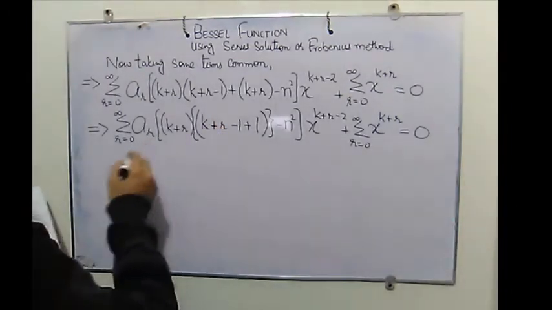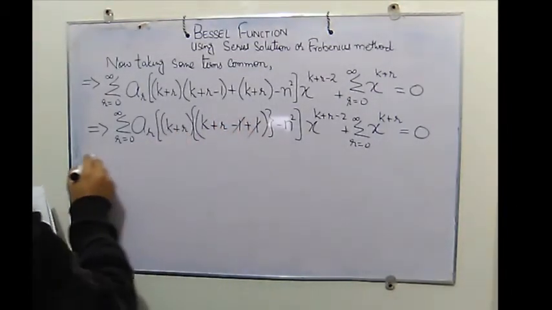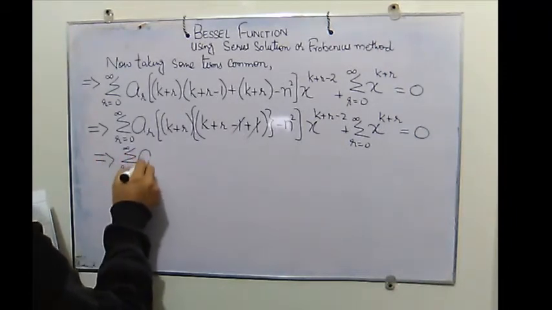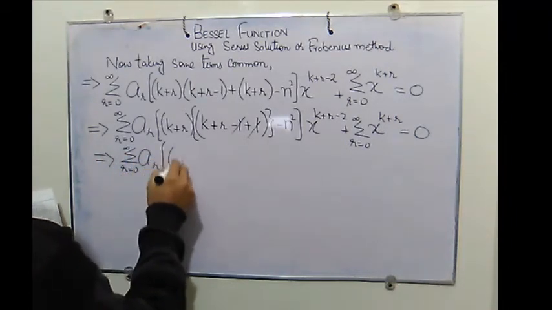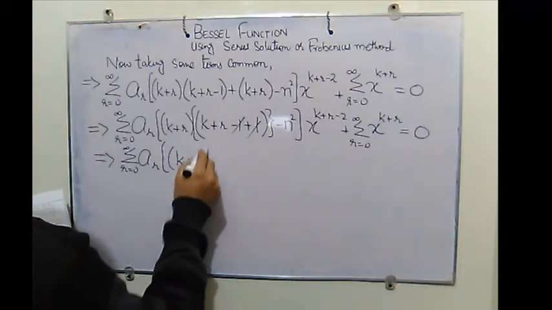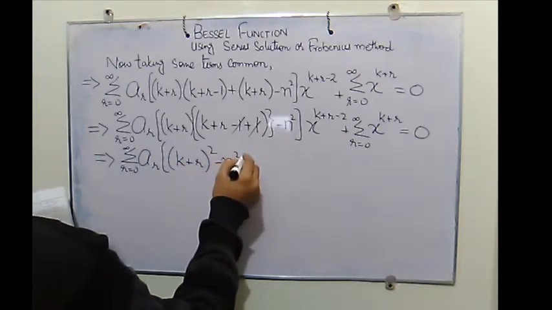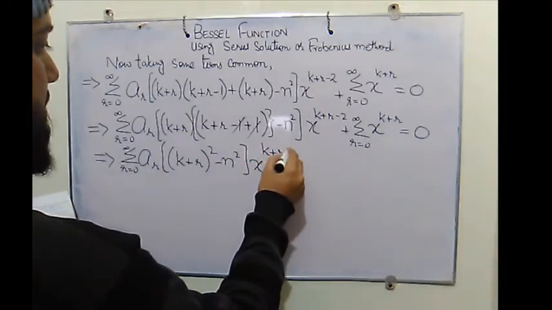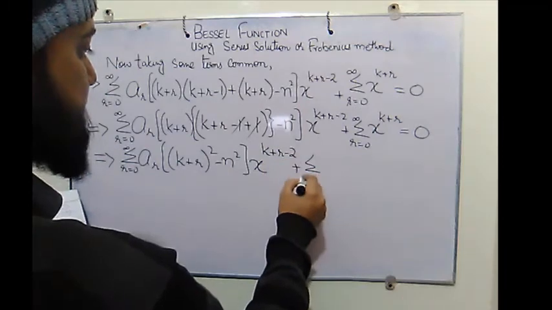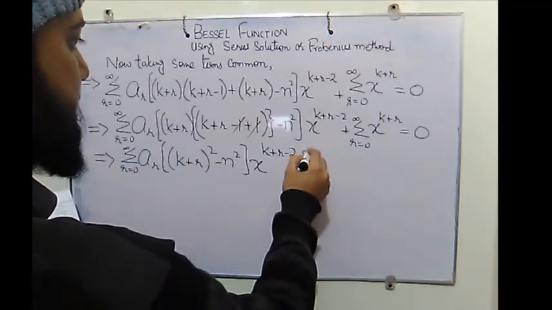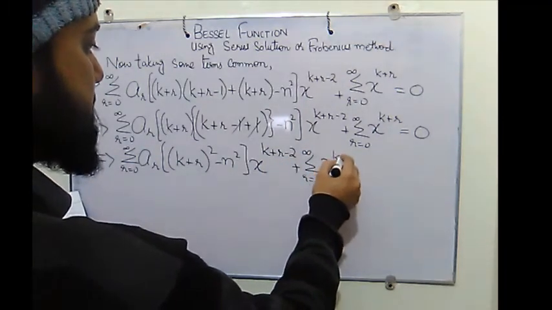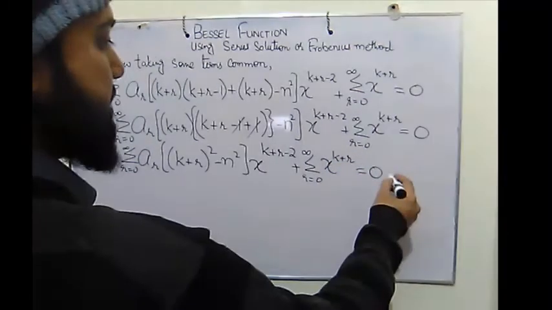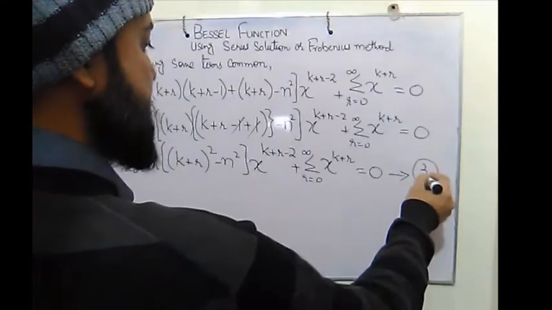So that would be k plus r whole square. So inside the bracket we have k plus r whole square minus n square, times x to the power k plus r minus 2, plus summation r is equal to 0 to infinity x to the power k plus r, equal to 0, and we can call it equation number 3.